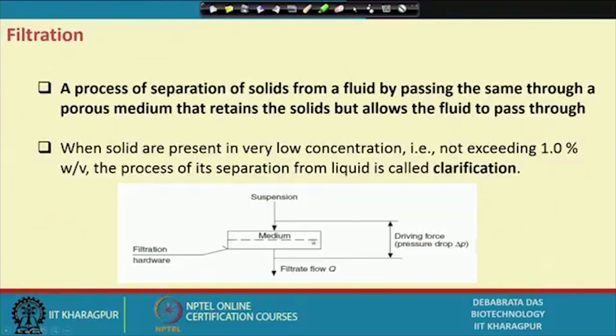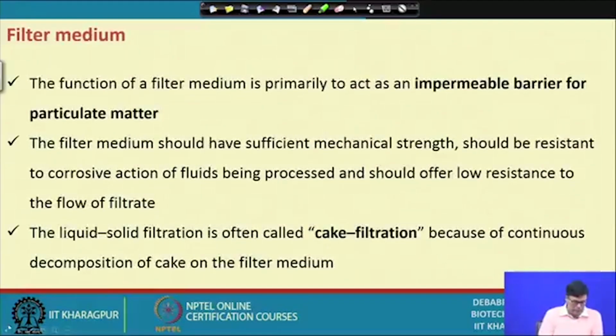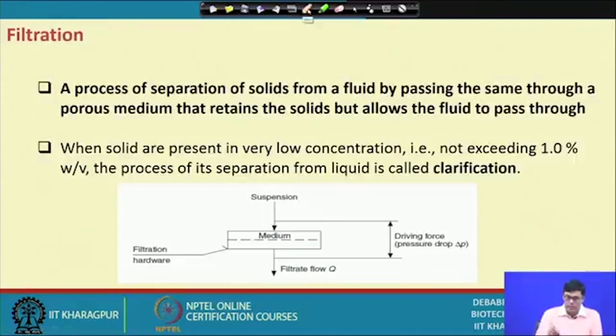This is the filter media that we have, and we put the suspension here. The suspended material accumulates here and the liquid percolates through this.